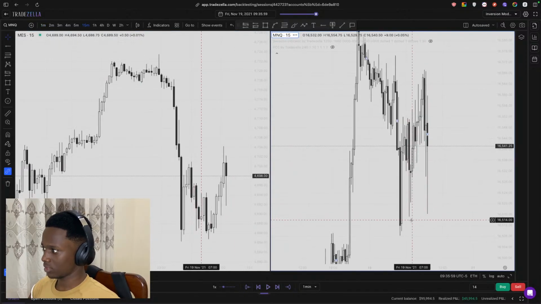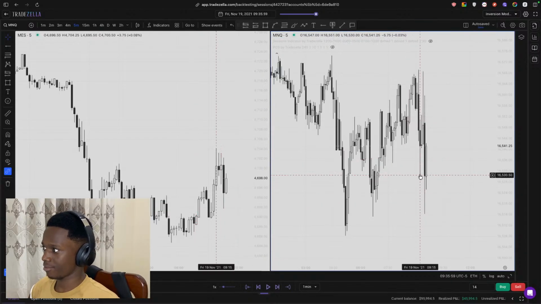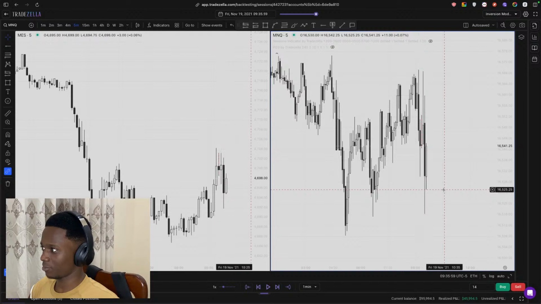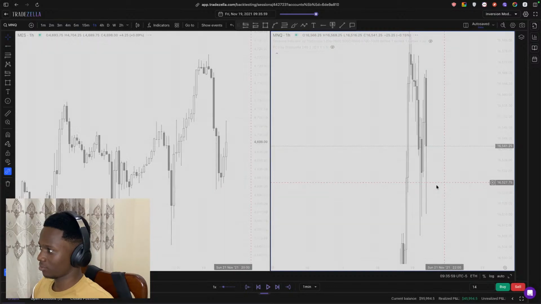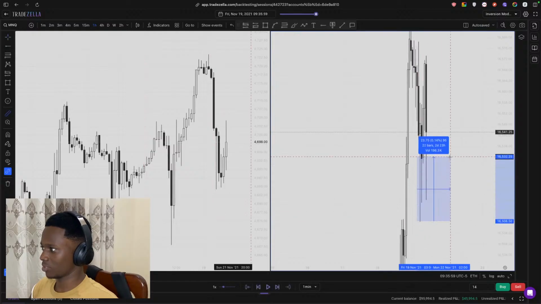This is an SMT at this low here. That's the first thing. Well, it's a 5-minute gap on ES, no gap on NQ, just the 1-hour gap that's here, and retracement to consequent encroachment of these wicks here.